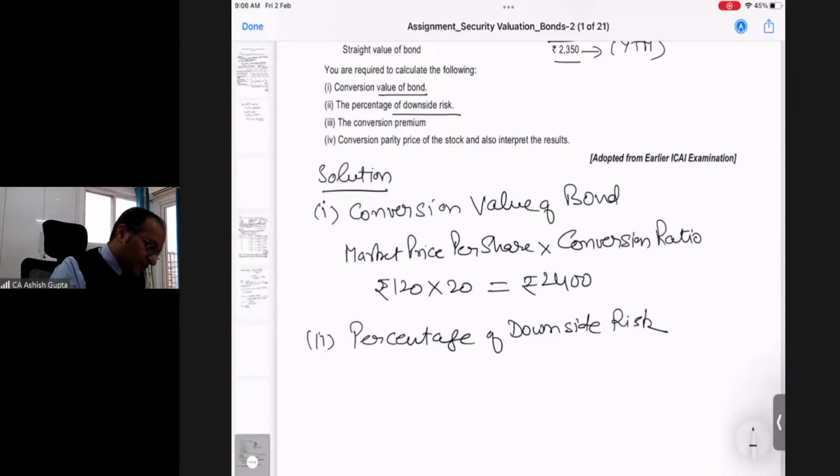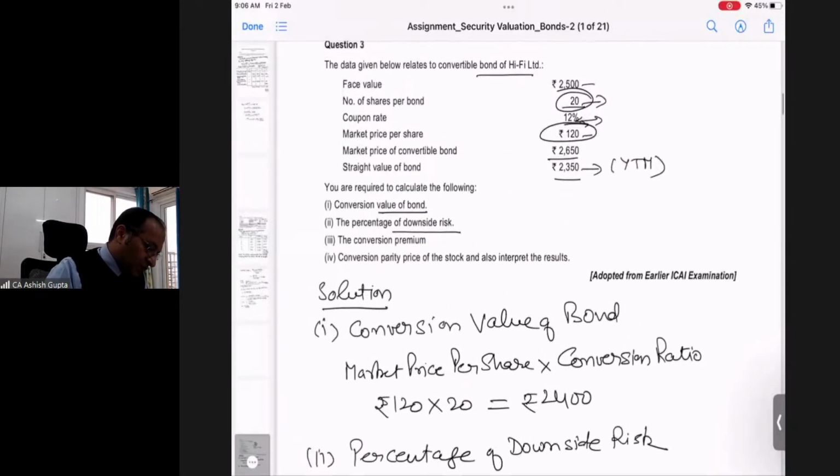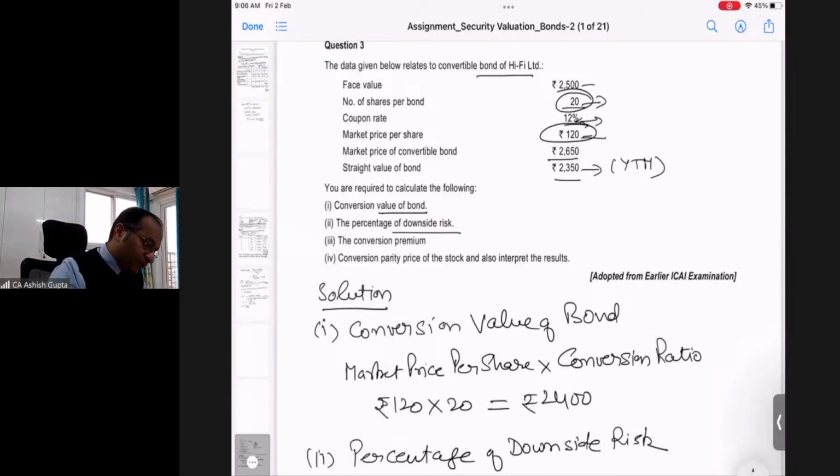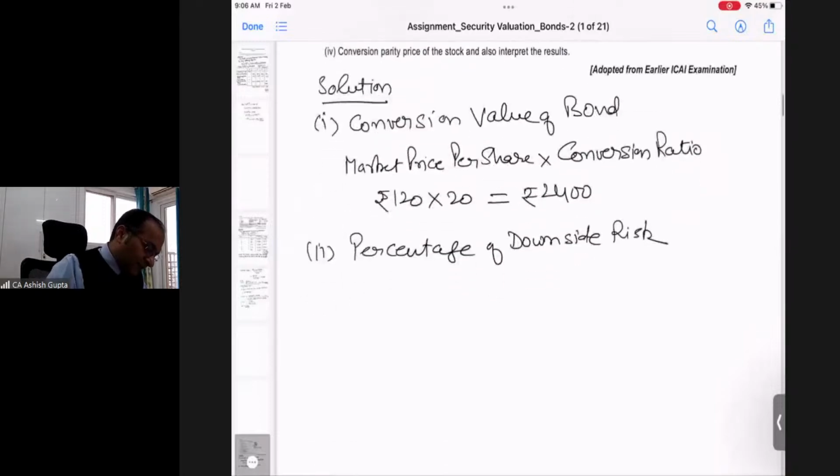Even if the equity price, which is not fixed and can come down or go up, comes down to zero, the investor will at least get the straight value of the bond. So accordingly, he or she measures the maximum downside risk.